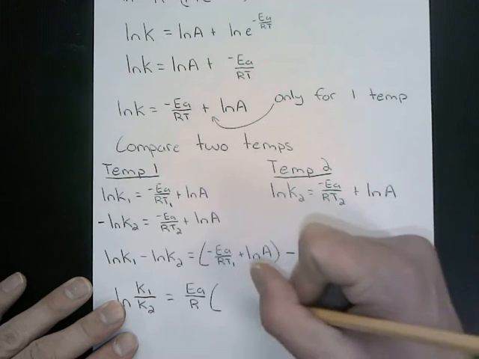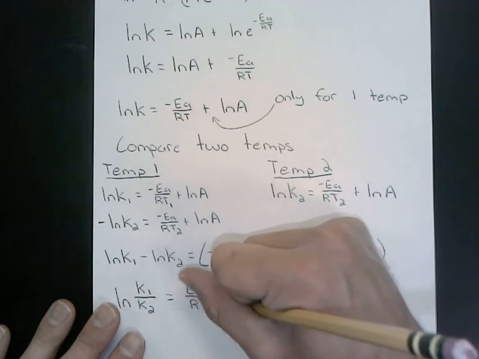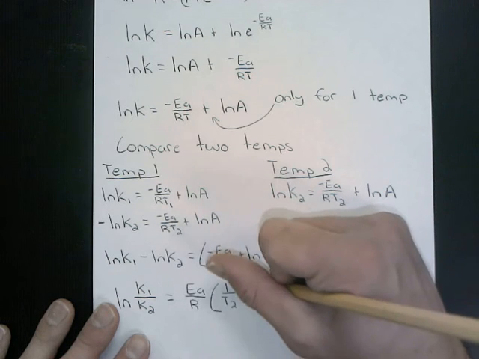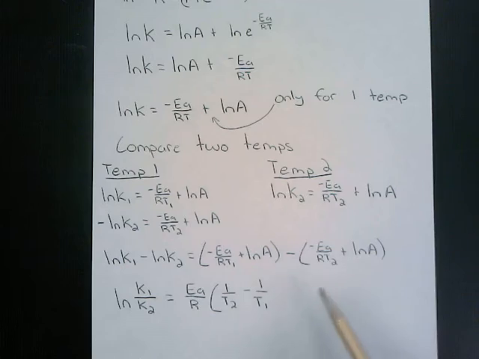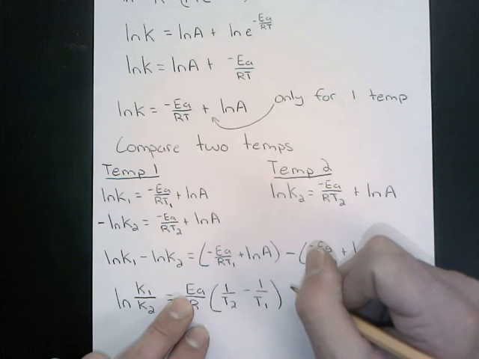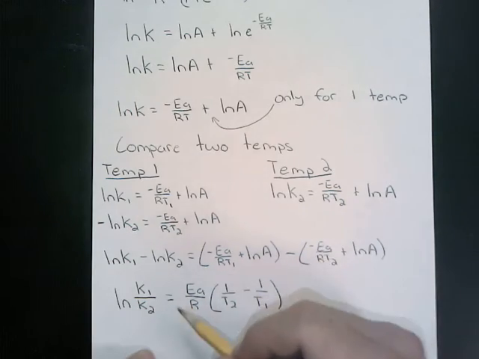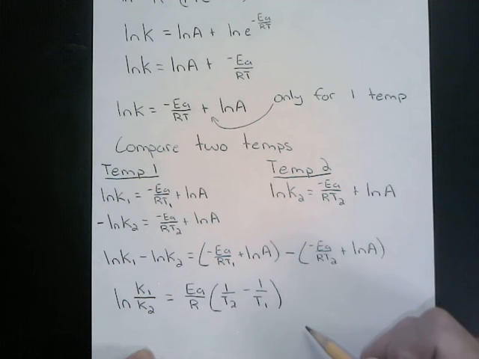We still have the temperatures to worry about. So we can say 1 over T2 minus 1 over T1. And because we reverse where temperatures 1 and 2 are, that is why we get rid of that negative sign in front of that activation energy.